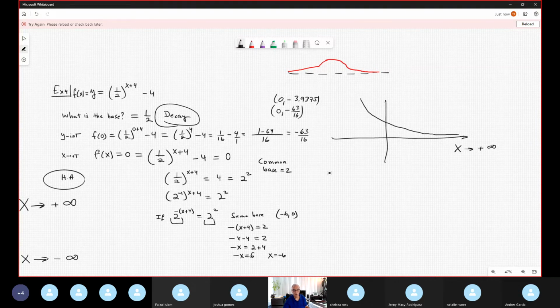However, when you go in this direction to negative infinity, that part is increasing, it's infinity. Infinity minus 4 is obviously infinity, because infinity is dominant.